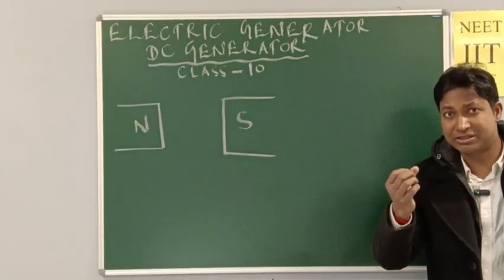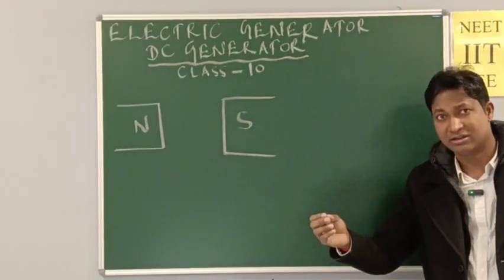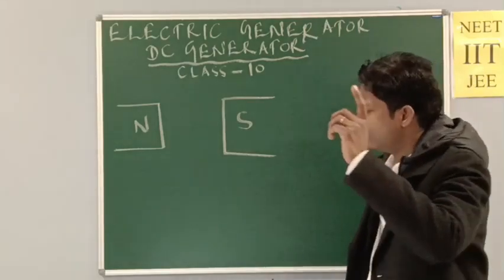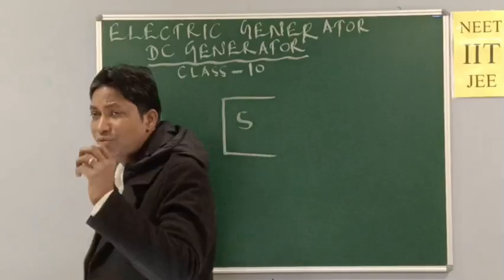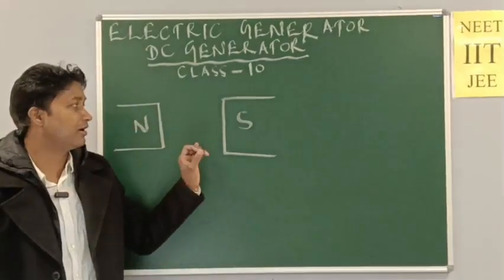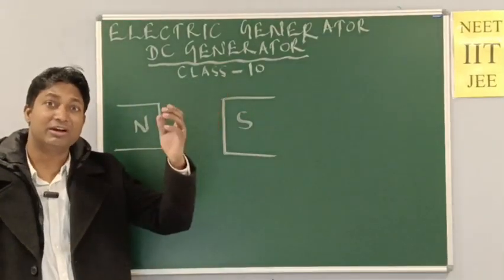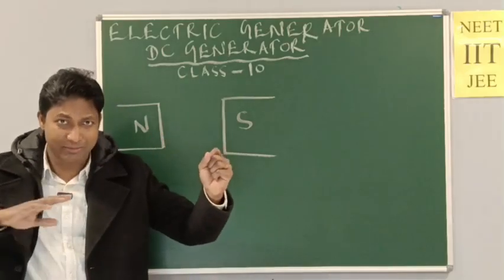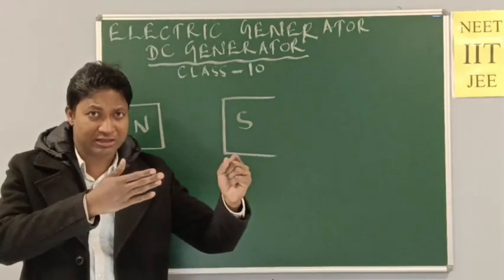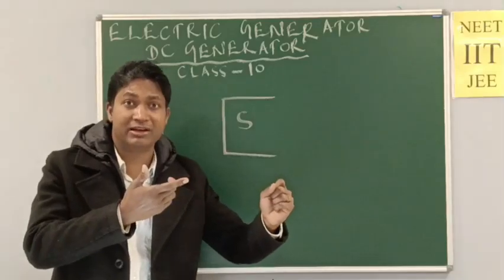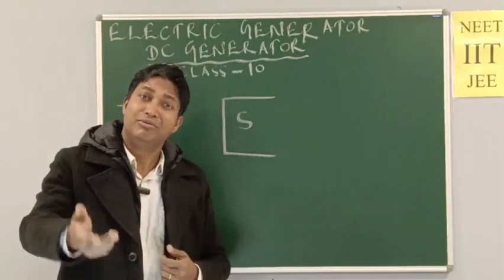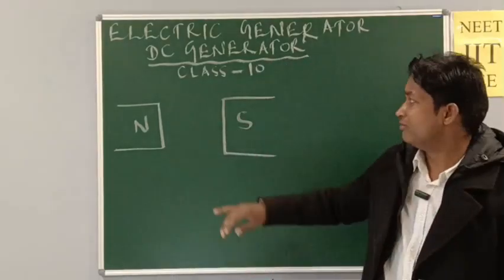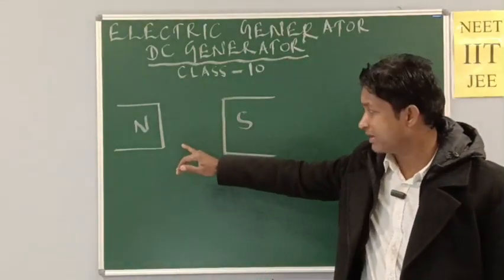Because a magnet gives or provides a magnetic field. Why do you want a magnetic field? Because if a coil rotates inside a magnetic field, there will be an induced current, and we want induced current. That is why we select a magnet first.